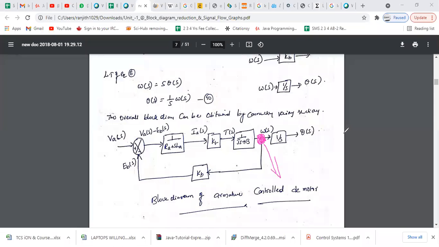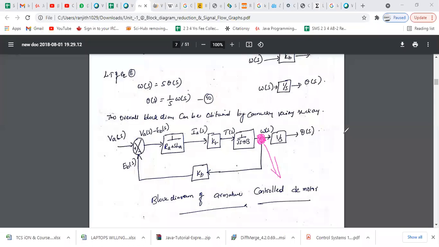Okay. How many variables are there in this section? Four. What are those? Ra, La, Jb.